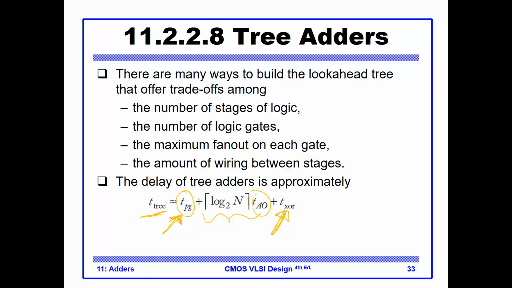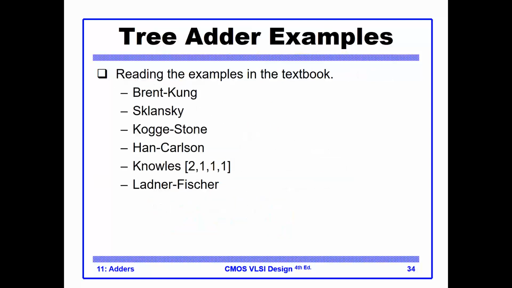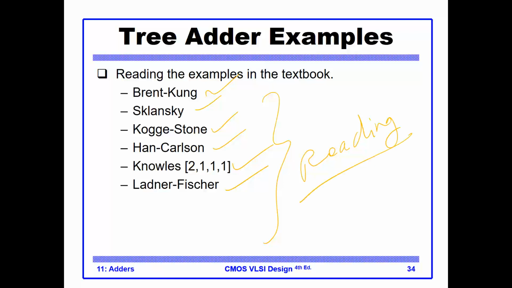Okay, and so notice log of N is much better than square root of N, and definitely much better than N. So that's what you get from tree adders, and they are supposed to be the fastest adders that we have. And there are many examples of those adders that exist in your textbooks and literature. And I'm going to leave this for your own reading to explore, because the material for such is for higher level classes. Okay, so with that, we conclude our discussion of adders, and thank you very much.